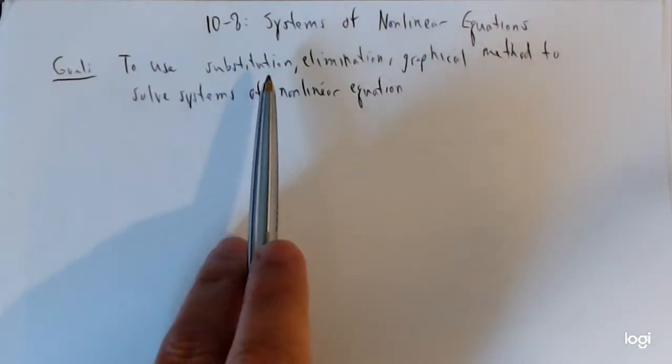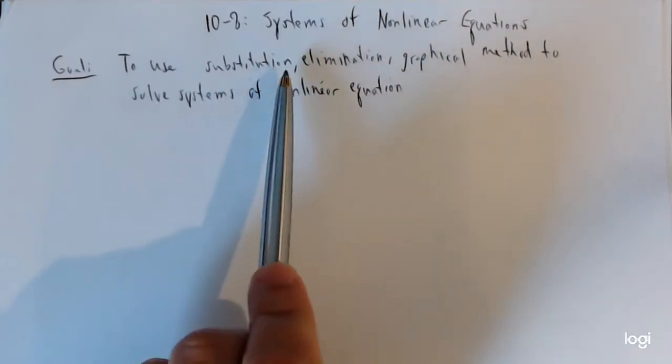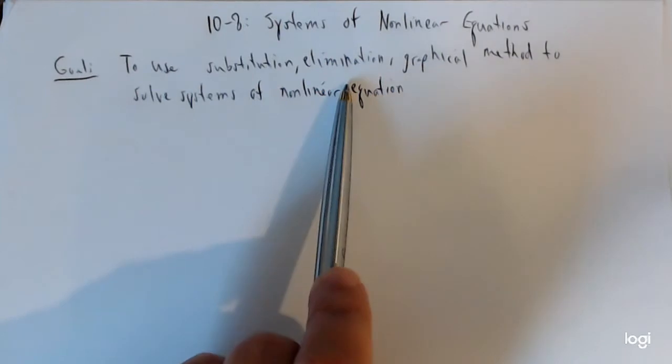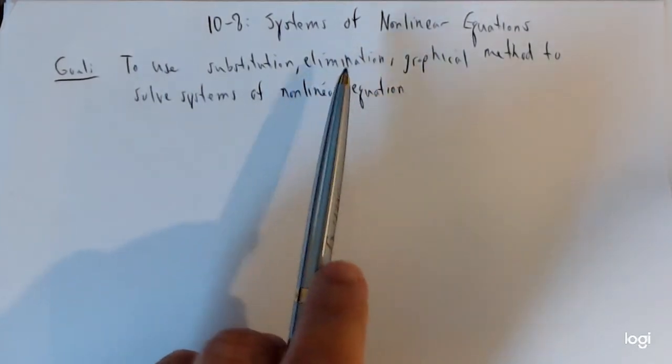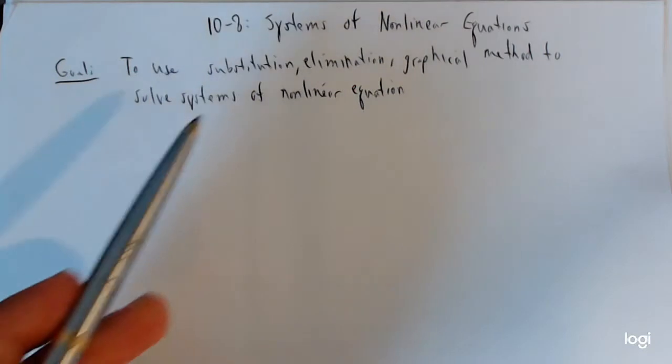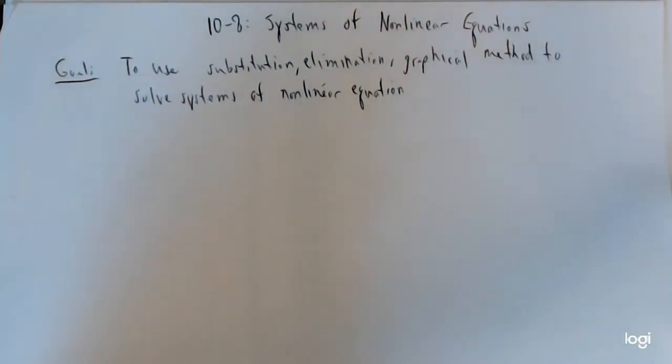But we're mainly going to focus on the algebraic approach, which is through substitution and elimination. These methods aren't any different than the methods we used in the linear equations. It's not like all of a sudden we're reinventing the wheel and saying now for the nonlinear we're going to do these differently. It's still the same thing, except there will be one minor difference, and we will talk about that momentarily.